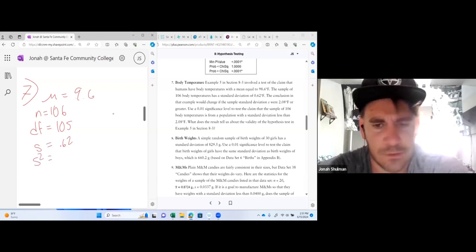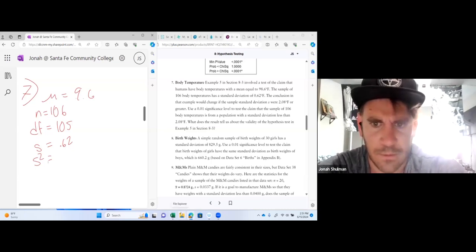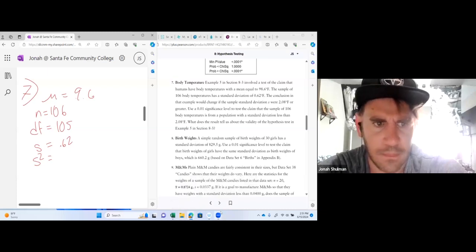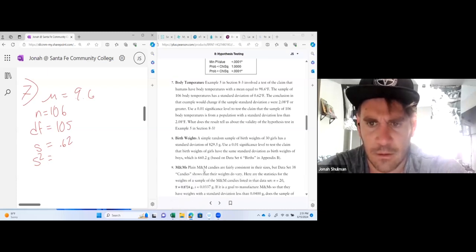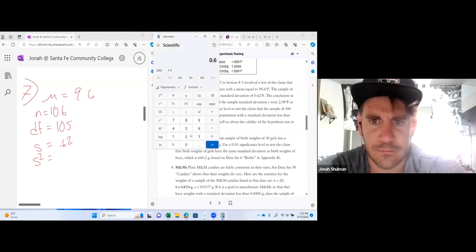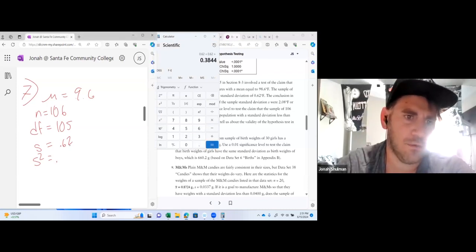That means the variance is going to be 0.62 squared, 0.3844.